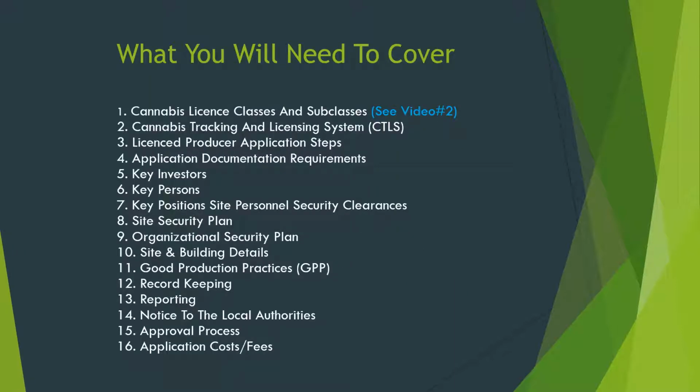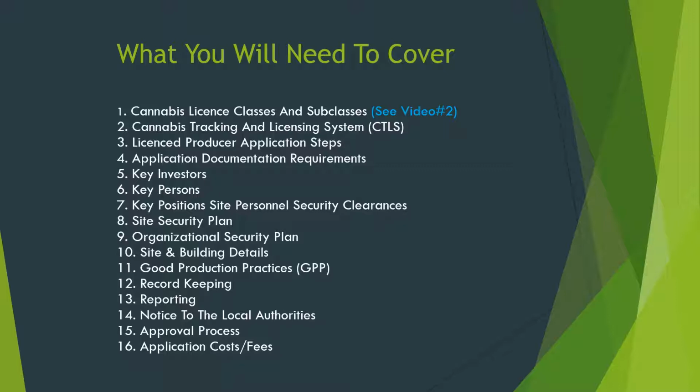This slide contains the requirements under the Cannabis License Application Process, which you will have to cover. The first one, cannabis license classes and subclasses, we have already gone over for you in a prior video, so you can take a look at that.